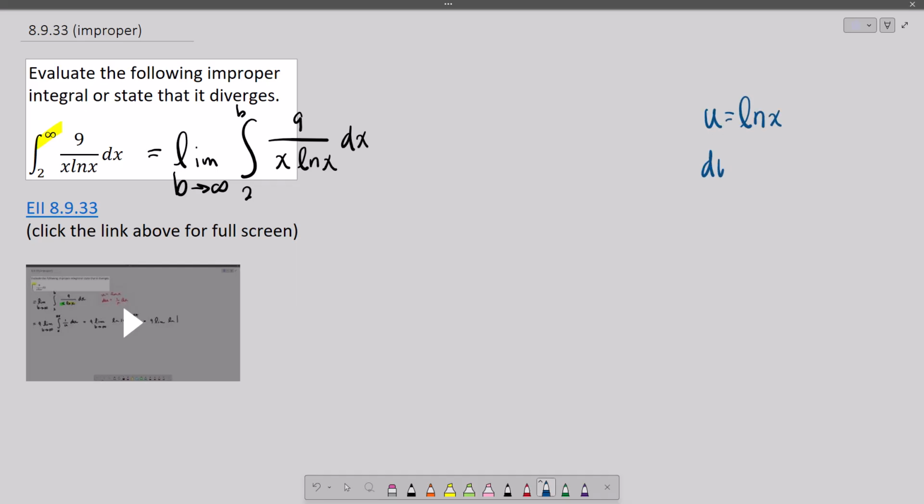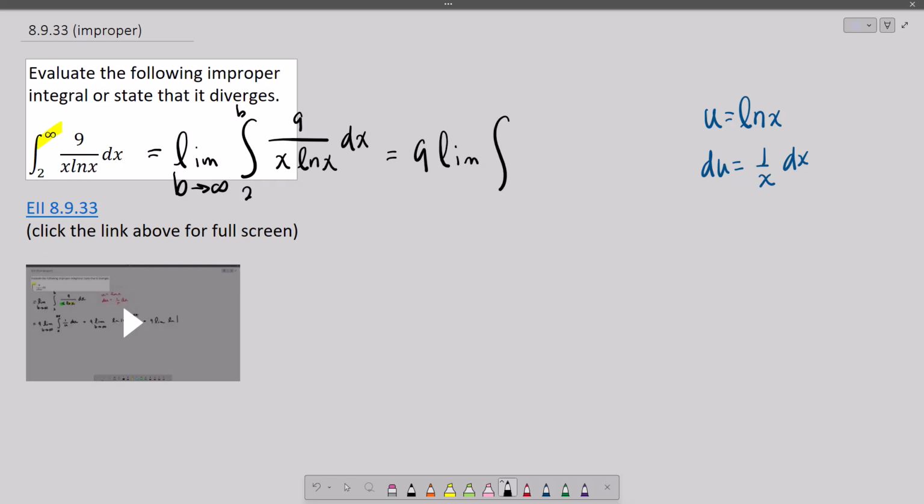Right, but you're 100% right that if we do u substitution, whatever we choose for u, if its derivative is present, that's going to make the u substitution work. So that's going to work really quite nice here. And that 9, we could factor it all the way to the front. I might as well do that. Constants can just slip to the front.